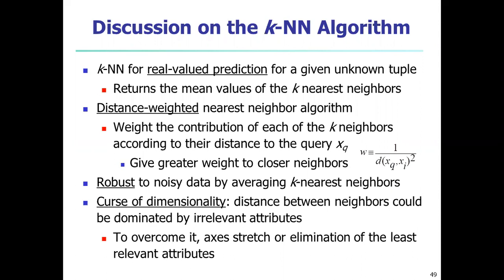In high dimensionality, the distance between neighbors could be dominated by irrelevant attributes. There are n attributes describing each tuple, so there is a dimensionality from one tuple to another. The distance between neighbors could be dominated by irrelevant attributes.